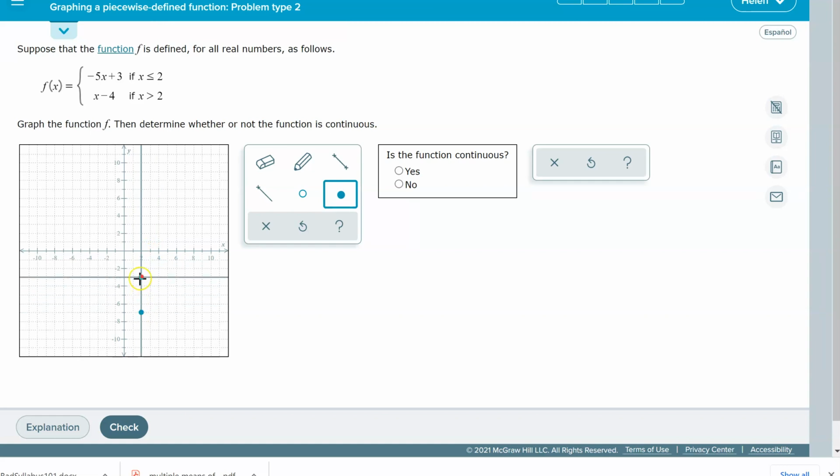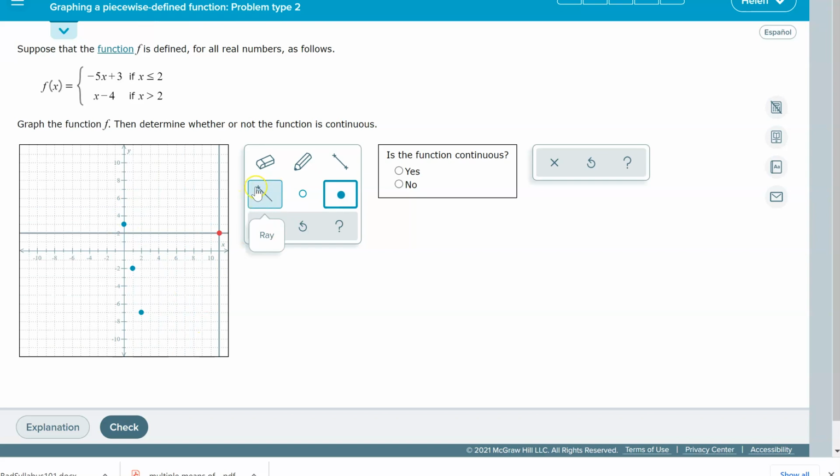And then we had 1, negative 2, and then we had 0, 3. And we want that line to keep going.